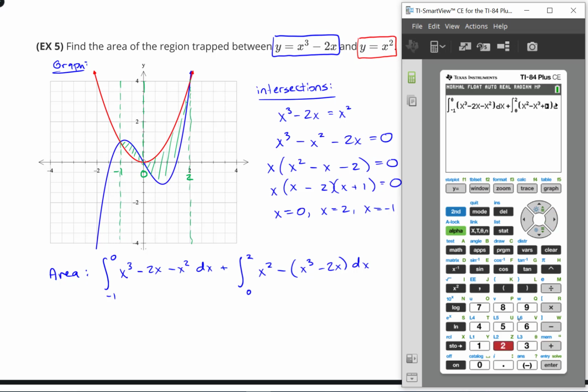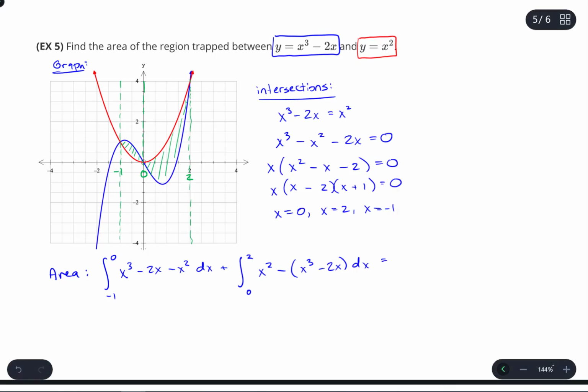I'm just going to go ahead and distribute that as negative in my head. All right, and there's my second integral. Now I'm ready to calculate. All right, and I get an answer like this, which I can change to a fraction using the conversion in the calculator. So 37/12. So we get 37/12 from fnInt.